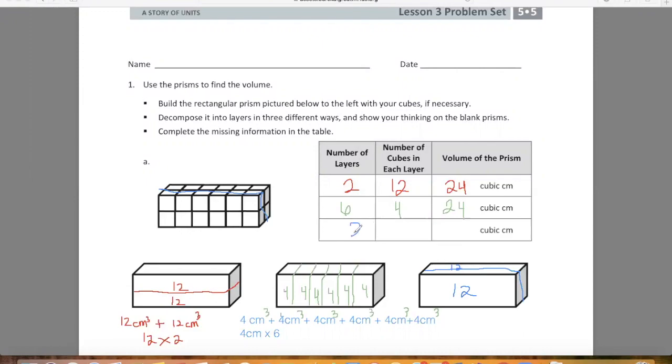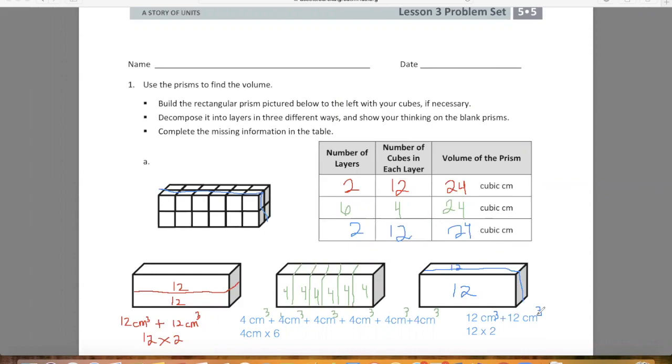So 2 layers, 12. And again, I would write my expression, 12 centimeters cubed plus 12 centimeters cubed. And as a multiplication, it would be 12 times 2, and that would equal 24. Don't forget the little units.